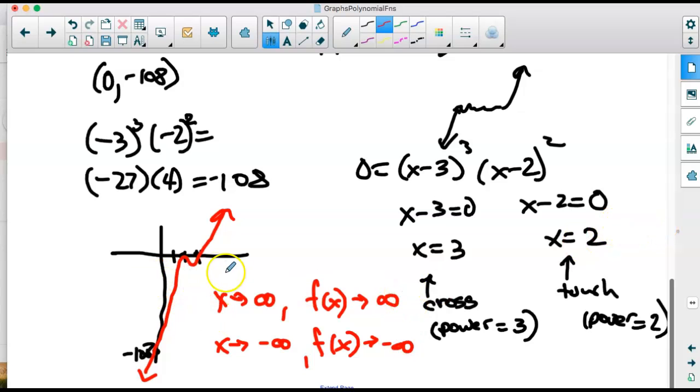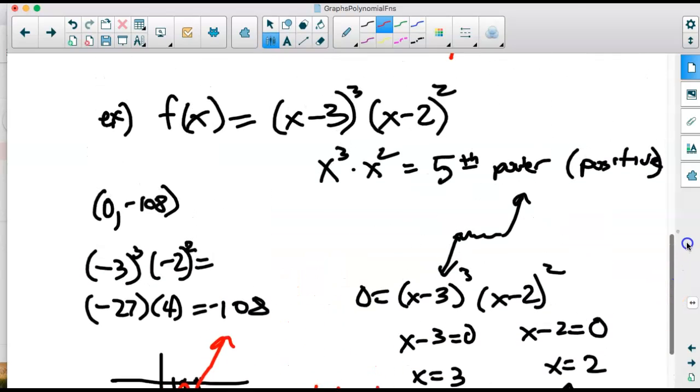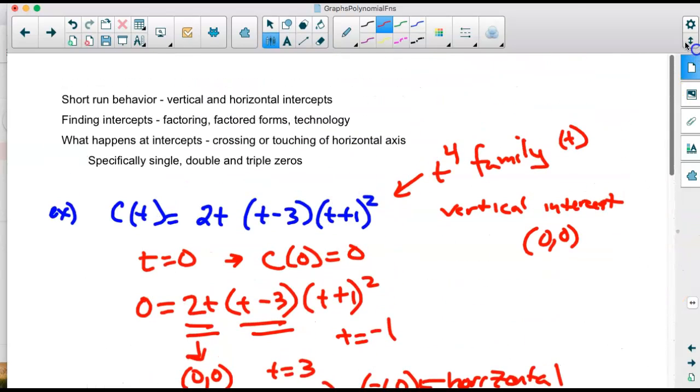So that's our long run behavior on this function. And then we have a maximum. We can say here there's a maximum at 2, 0, and then there's some kind of minimum between 2 and 3. We would have to use our Desmos to figure that out, because there's no factoring this, there's nothing we can do to find that answer.